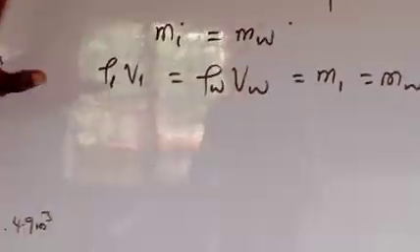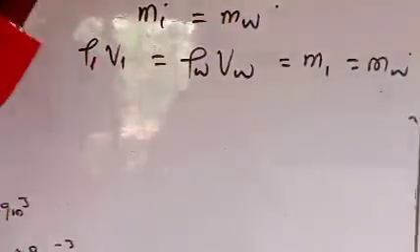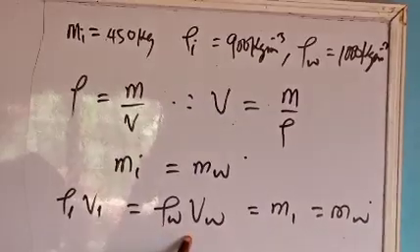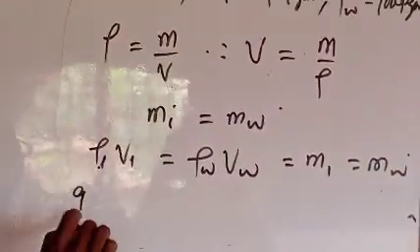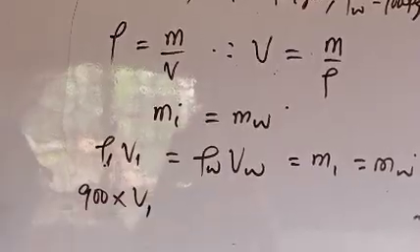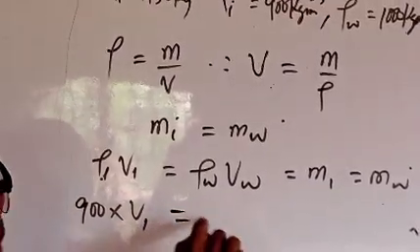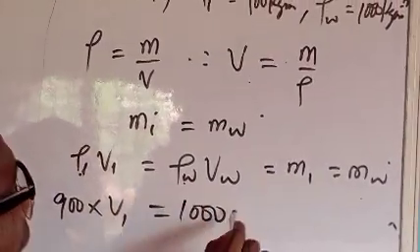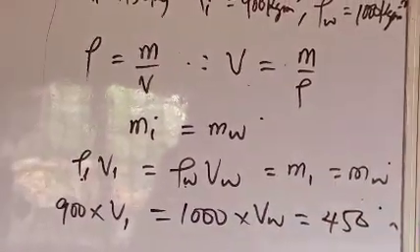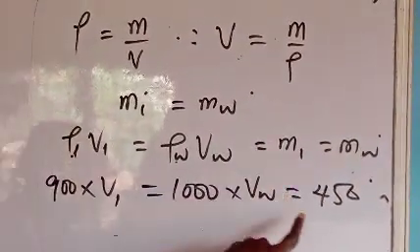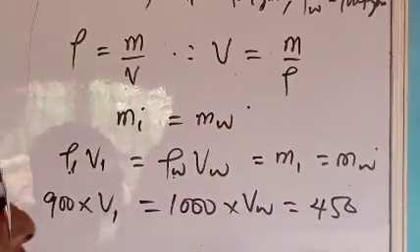Now, alternatively, if I want to check it again, let's check it this way. Use this formula now. Using this formula, I can say density of ice, 900, times volume of ice. I can say 1000, density of water, times volume of water is equal to 450, because mass of water is equal to mass of ice. So they are equal.